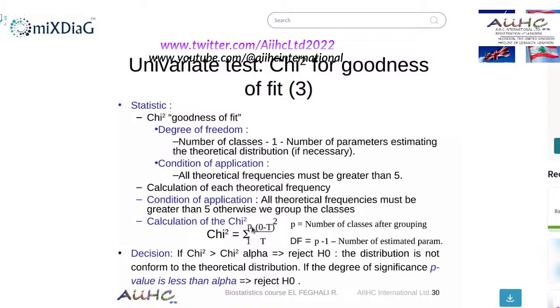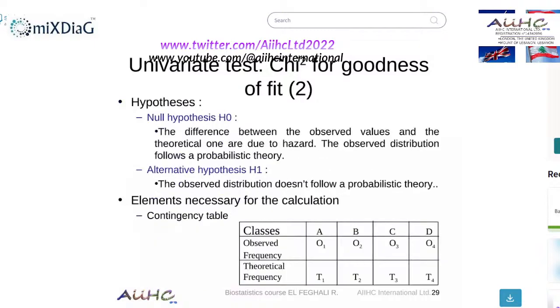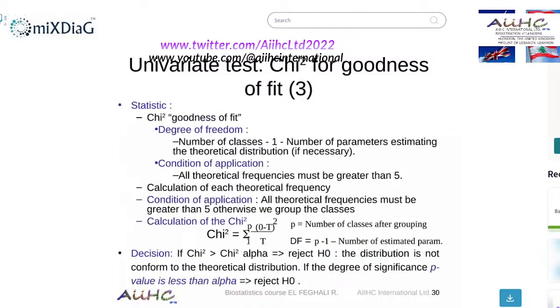Like I've told you, we group the classes, it will be P, and here it's 4 classes. We group them in 4 classes, A, B, C, D. Okay, df is the degree of freedom, it's equal, as we've said before, to P, the number of classes, 4, minus 1, minus the number of estimated parameters. Here we estimated the parameter of age. So it's 4 minus 2, it's 2.